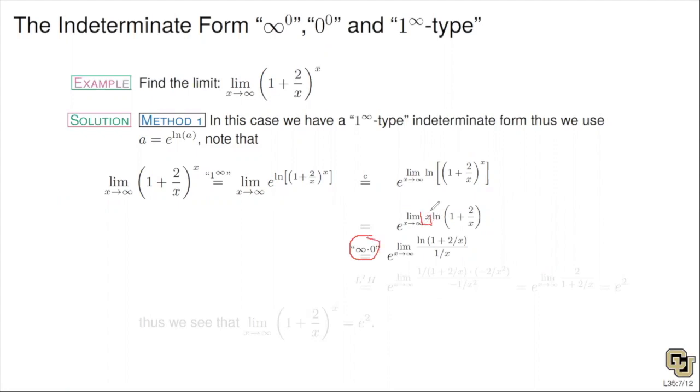So I'm going to take x, the simpler term, whose reciprocal is 1 over x, and divide ln of 1 plus 2 over x by 1 over x. Now, if you take the limit, sending x to infinity, the numerator goes to ln of 1. The denominator goes to 1 over infinity. That's 0 over 0. I can use L'Hopital's rule.